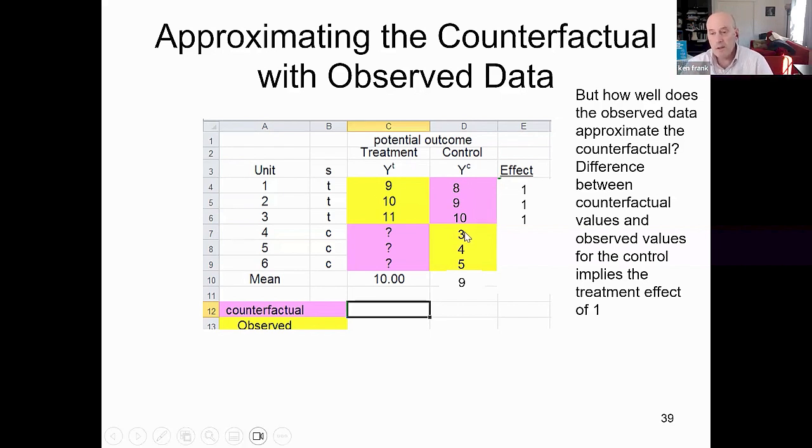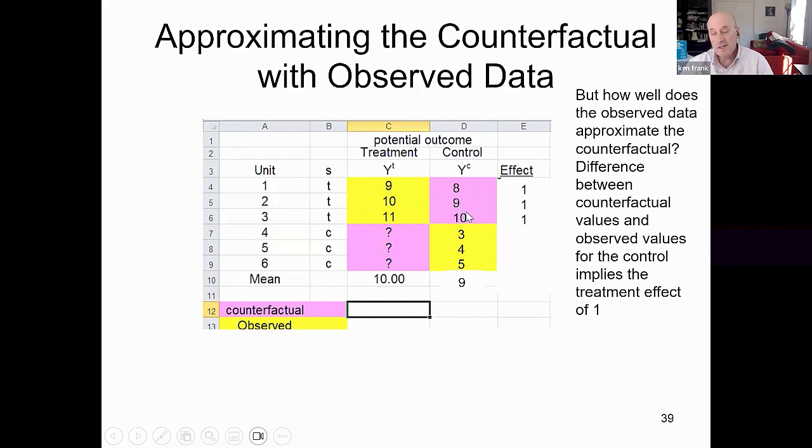Over here, in these yellow cases, we have cases that were assigned to the control, and this is their outcome under the control condition. And they had scores of 3, 4, and 5. The control here might be having not taken an aspirin. And we can see that then these pink values are the counterfactual cases.